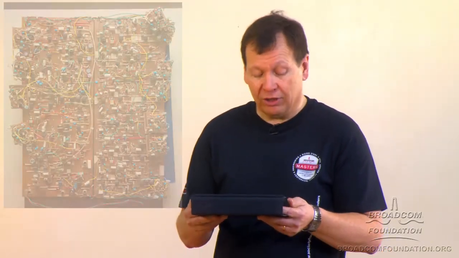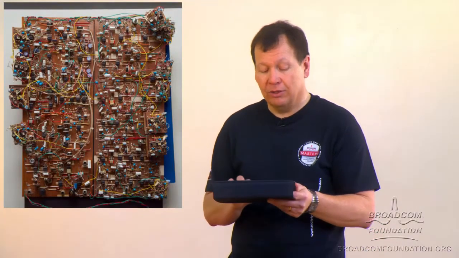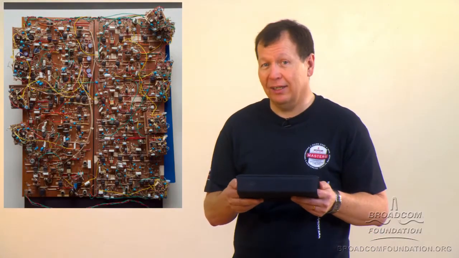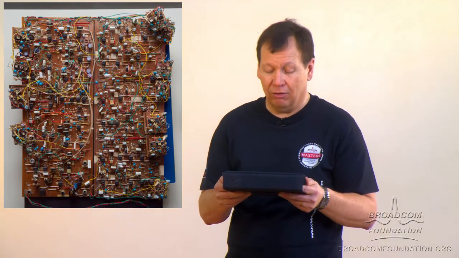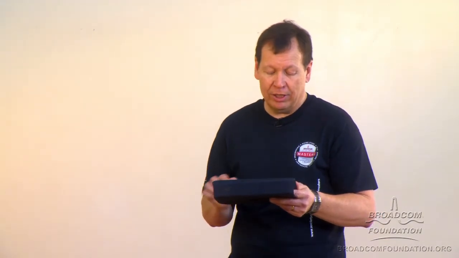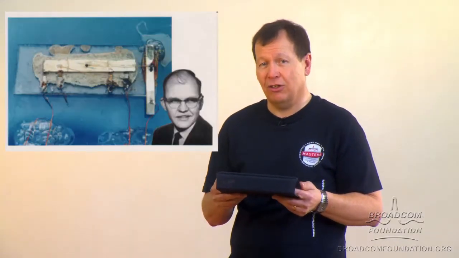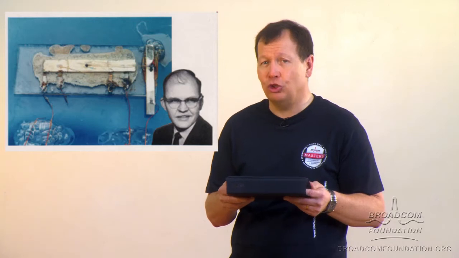And things get much more interesting when you connect more transistors together and make complex circuits and functions. However, wires and connectors are unreliable. So imagine if your tablet looked like this with lots of wires and connectors on the back. It wouldn't last for very long. So in 1958, Jack Kilby invented the integrated circuit, which had at that time just 2 transistors. And in 1971, Intel introduced the first microprocessor.